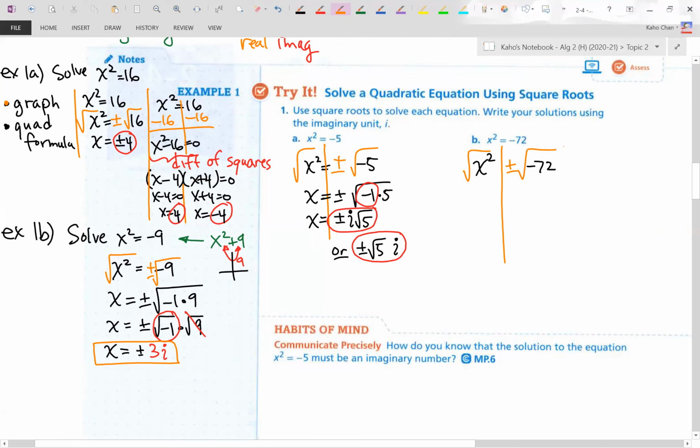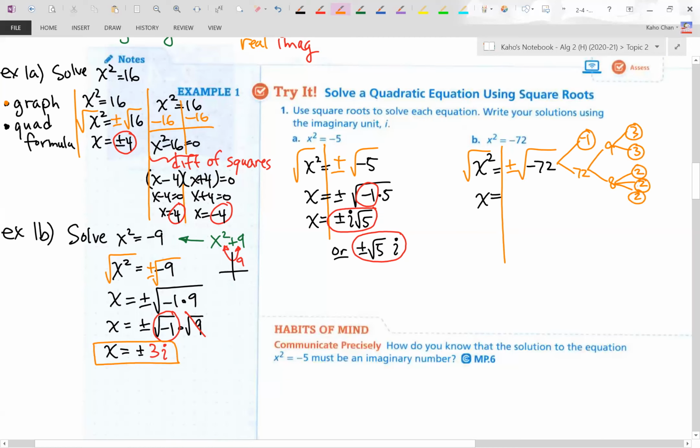It's not a perfect square. We do need to break it down. -1, of course, circling it because it can't go further. 9 and 8. 3 and 3 for the 9. 8 is 2, 2, 2. You probably know by now.